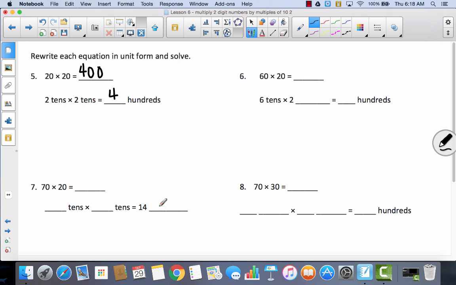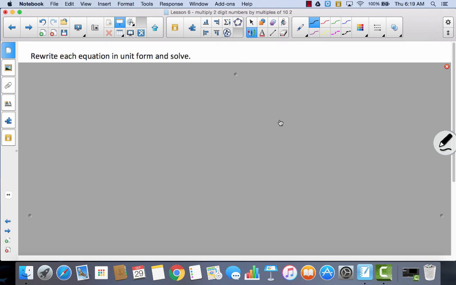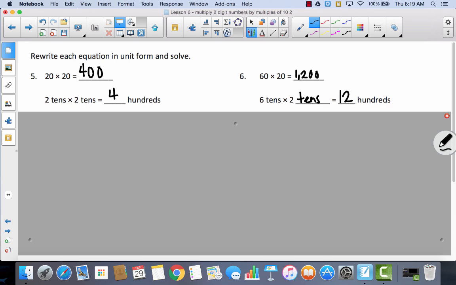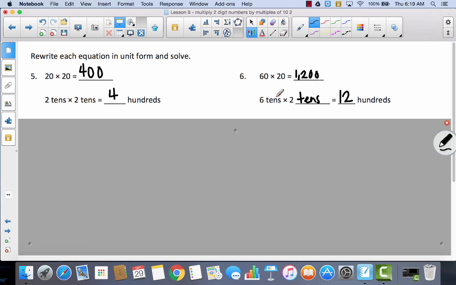I'd like for you to try to do these last 3 problems by yourself. If you get stuck, you can always press play and I'll walk you through it. Okay, so let's take a look at problem number 6. So first of all, I took 6 tens times 2 tens equals 12 hundredths because 6 times 2 is 12. And 12 hundredths is also 1,200. So let's take a look at 7.